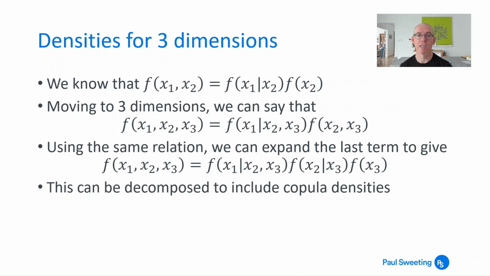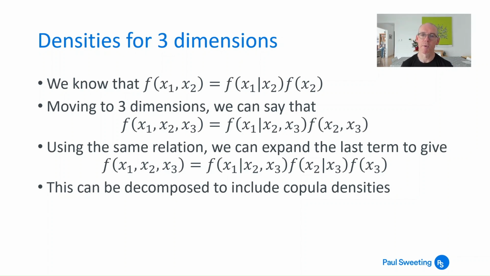We can then use that same expression on that final term, f of x2, x3, to expand it further and say f of x1, x2, x3 is equal to f of x1 given x2 and x3 times f of x2 given x3 times f of x3. Now, that's already helpful. It's broken it down considerably, and we've already got one marginal density function out there.